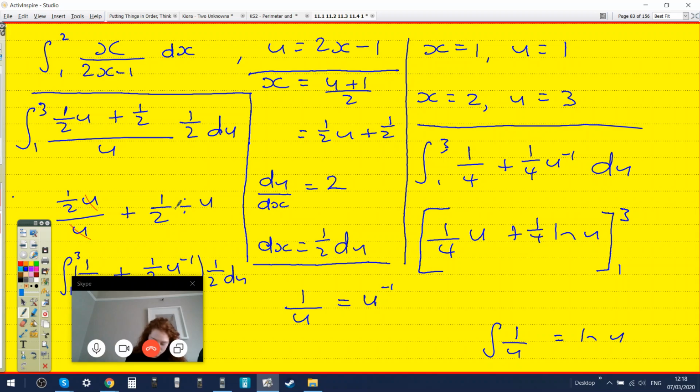So what do you do next? So we just need to input it. Okay. So then we'll have a quarter times 3, plus a quarter ln 3, minus a quarter times 1, plus a quarter ln 1, which equals 0.